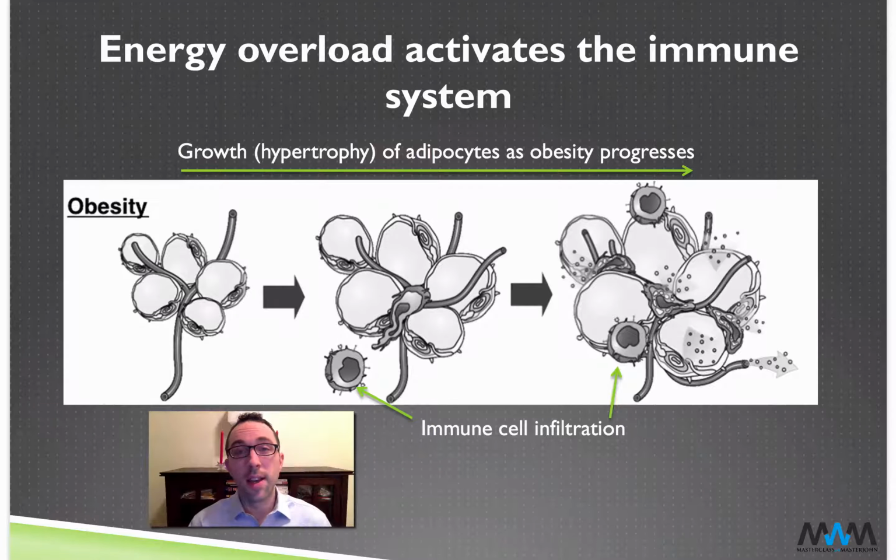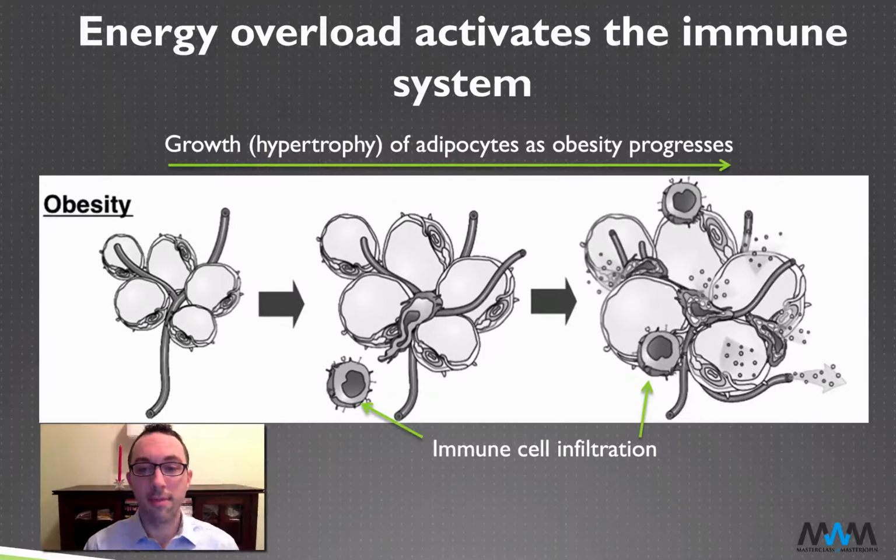So it's not only the case that energy overload is properly communicating the signals from the mitochondria, it's also the case that inflammation is driving some degree of improper cell signaling. Now, you can imagine that both of these things are going on here. So for example, take these adipocytes.